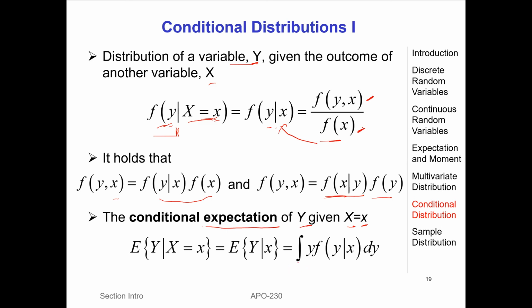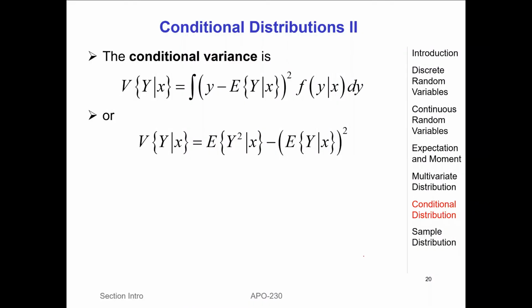It's still the weighted average of all possible outcomes of y. The only thing that changed now is the weight. We don't use the density of y itself anymore, but the conditional density of y upon x. So we use a different distribution for the conditional expectation.